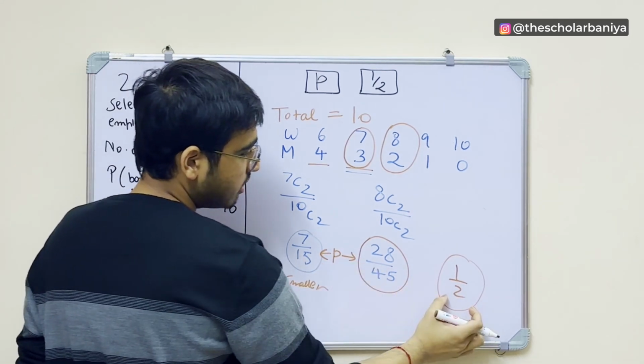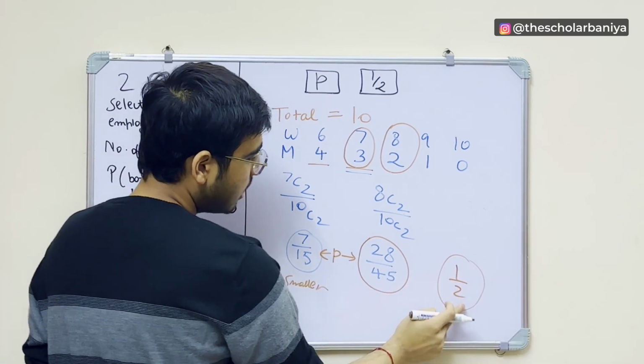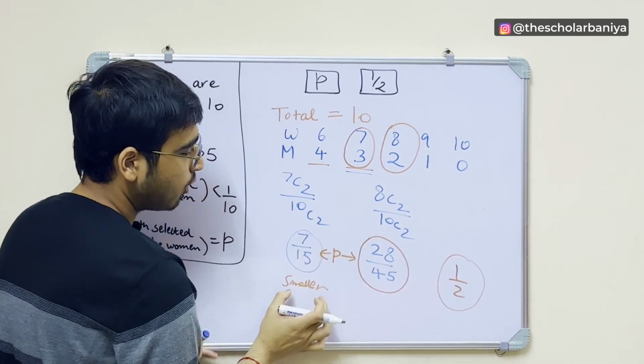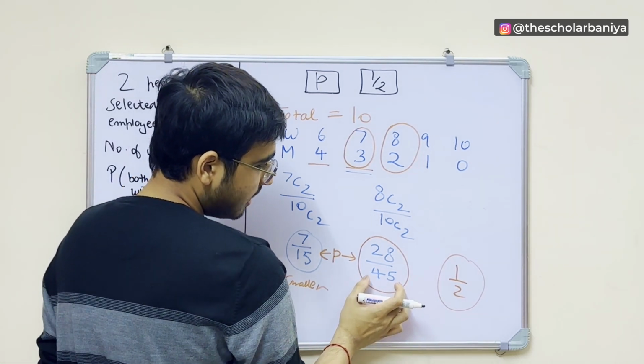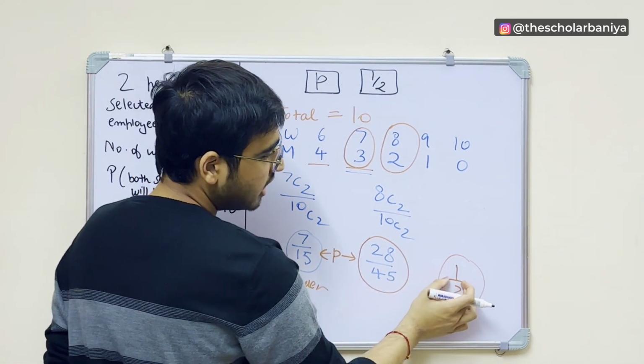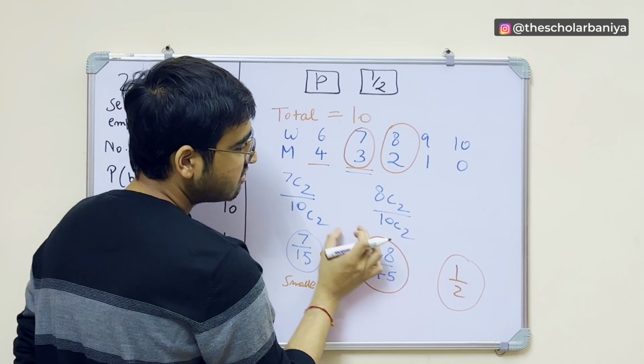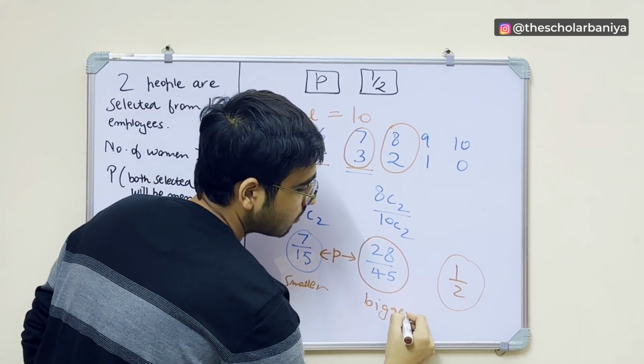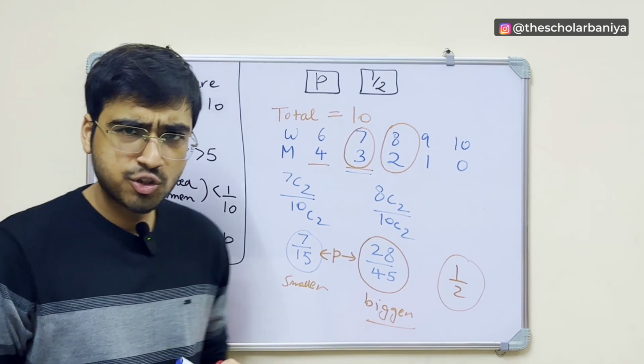If you compare this with 1 upon 2, 15 into 1 is 15, 2 into 7 is 14. So obviously this side is greater, this side is smaller, so this is smaller. If you compare this, 45 into 1 is 45, 2 into 28 is 56. So obviously this part is bigger, right? I hope this should be pretty clear.